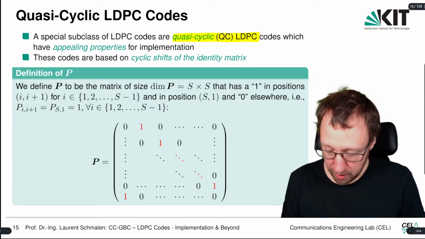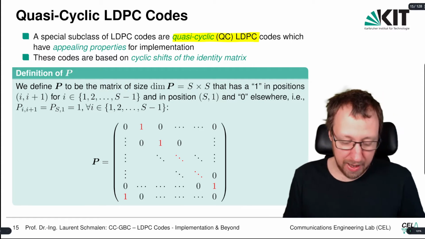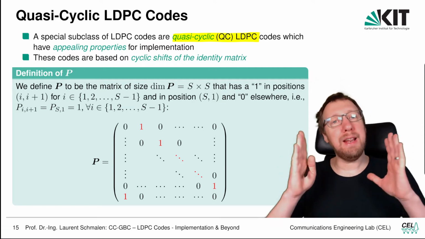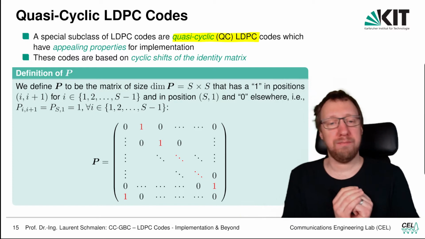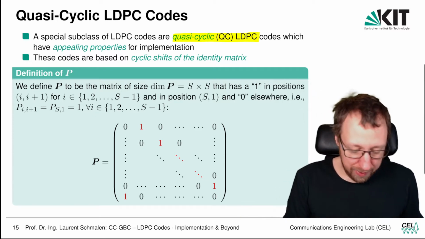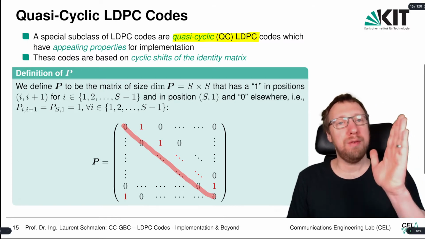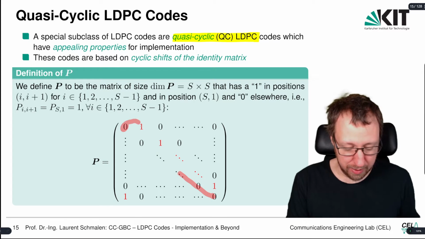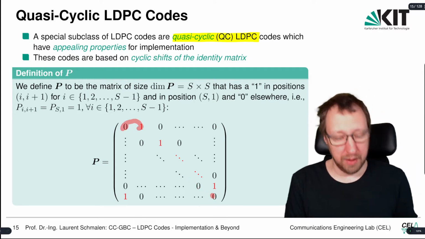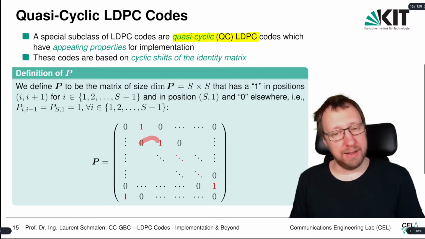So we define a matrix P, and matrix P is the identity matrix that we cyclically shift by one position. The identity matrix has ones on the main diagonal. Now we shift this by one position. I put the 1 in the first row one position to the right, the 1 in the second row one position to the right, and so on.